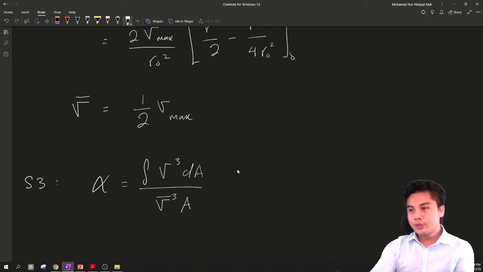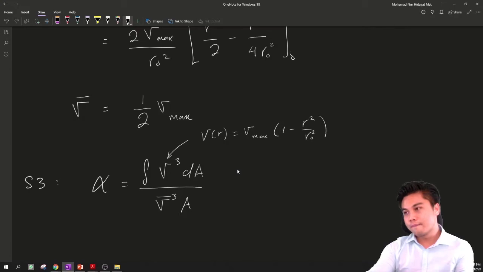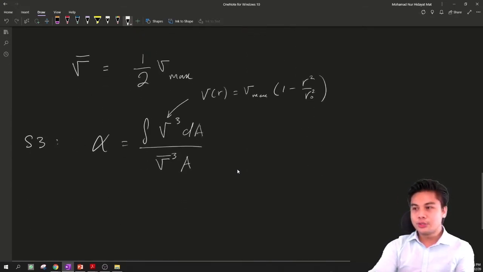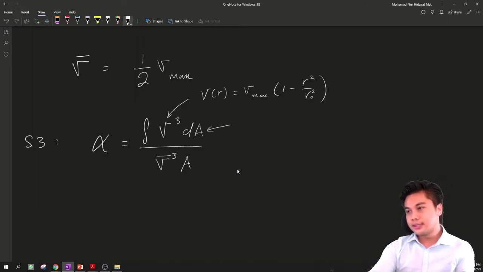So V we can replace with V of R, equal to V max multiplied by 1 minus R squared over R naught squared. Substitute this as well as dA, which is dA equal to 2 pi R dr, because we are going to integrate with respect to radius.